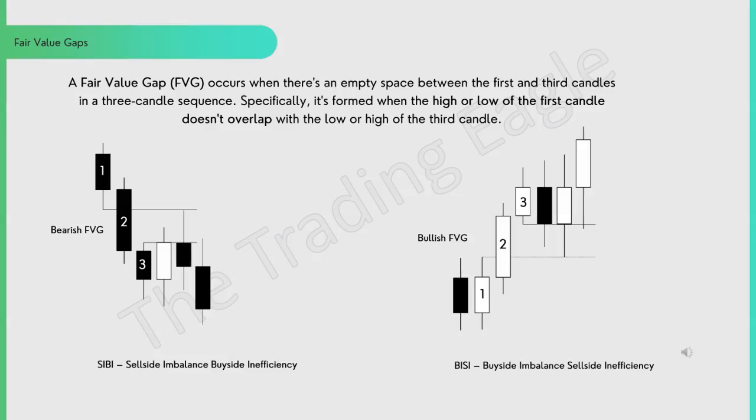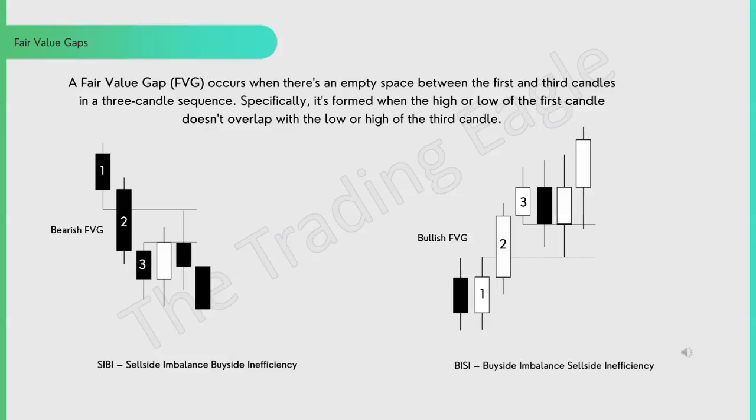So it creates basically a gap. The first one here is the bearish fair value gap. It's also known as sell side imbalance and buy side inefficiency, which is the name ICT calls it. The imbalance is on the sell side, so it delivers price too aggressively on the sell side, where the buy side is inefficient, it does not deliver the buy side.